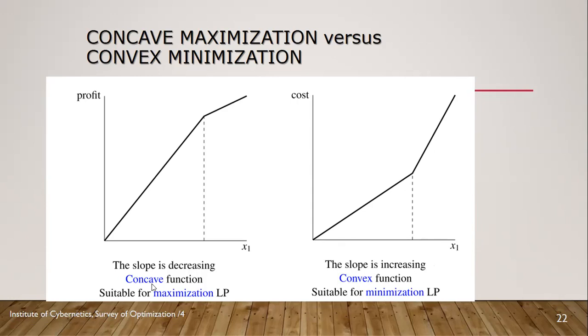In case we have a convex function but minimization is required, the model becomes more complicated, additional binary variables need to be introduced, and the model becomes more complicated in terms of solution and formulating. So therefore, we will not consider this case.